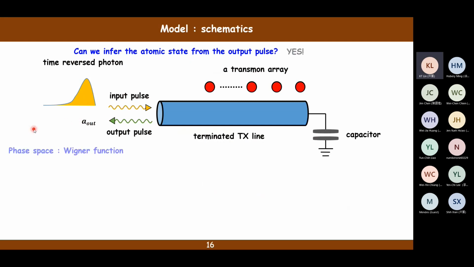The answer is yes, because we propose that we can use the Wigner function, the phase-space perspective, to help us infer the atomic state from this output field, because it can be measured very easily in experiment. In the following, I will show you our ideas.